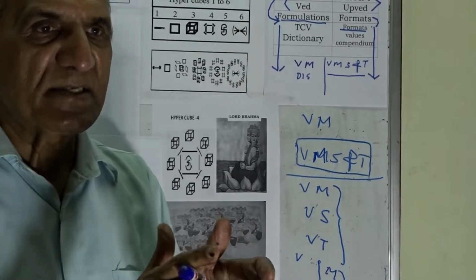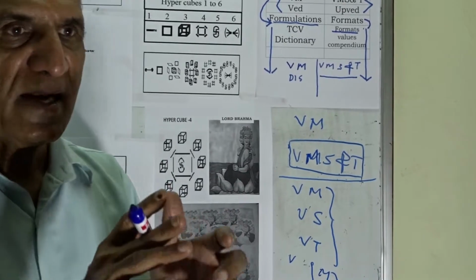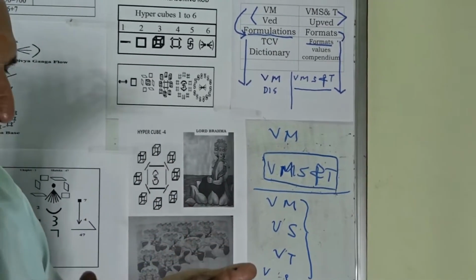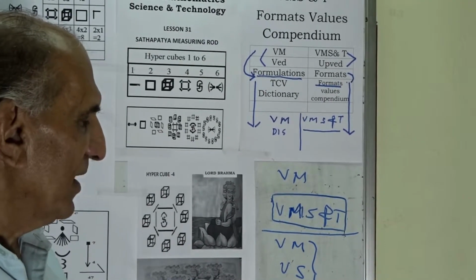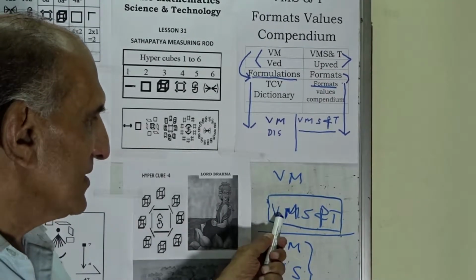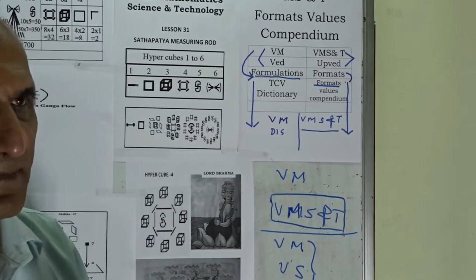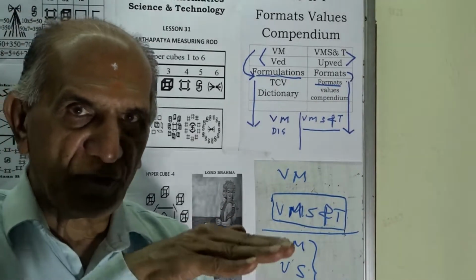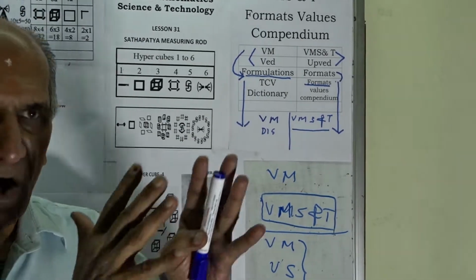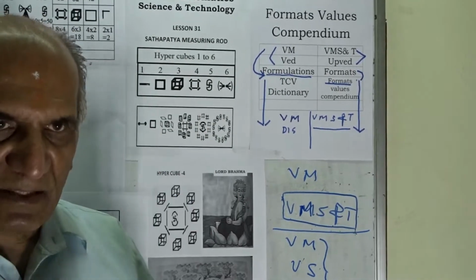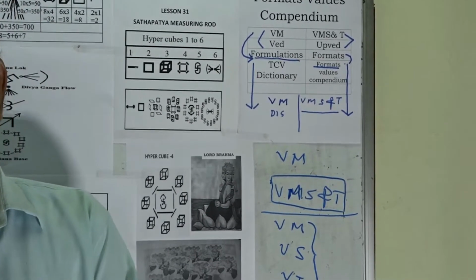It is a complete discipline in itself, and the formal definition of this discipline is that it is a unified format of all values of mathematics, sciences and technologies.